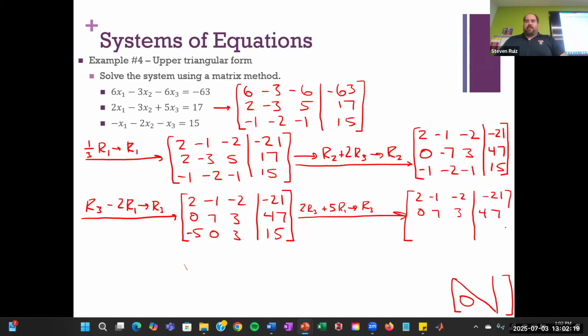All right, so what is that last row going to look like now? So hopefully this first entry is a 0. I think that was the inspiration behind that calculation, right? Okay, good. So then what's the second one going to be? 2 times 0 plus 5 of -1 is -5. 2 times 3 is 6, plus 5 times -2 is -10, so -4.